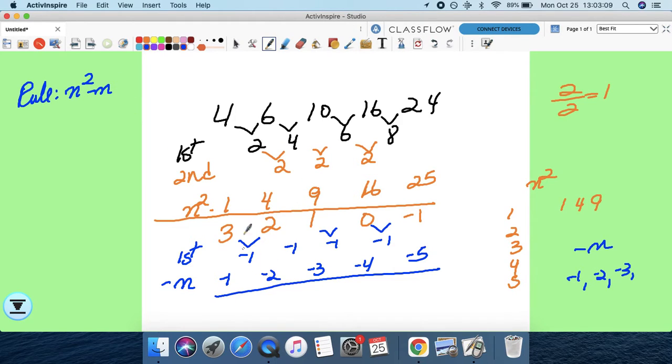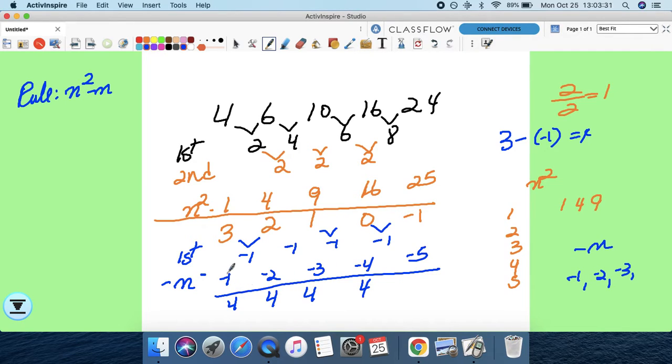Now, let's subtract. When you subtract, be very careful, because this is not 3 minus 1. Right over here it is 3 minus negative 1, which becomes 3 plus 1, which is 4. So 3 minus negative 1 is 4. 2 minus negative 2 is 4 again. 1 minus negative 3 is 4, and 0 minus negative 4 is 4.